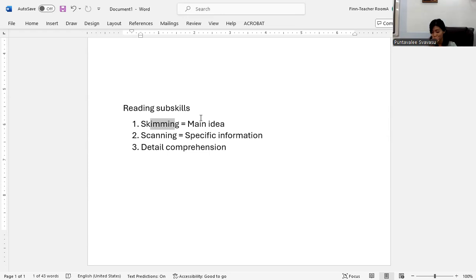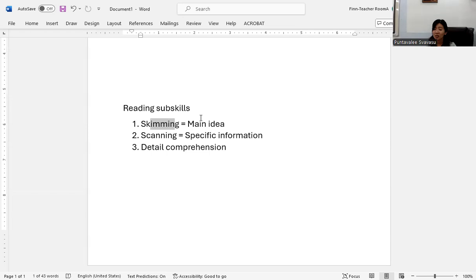But the test tries to trick you to answer the wrong one, of course. In order to do it correctly, you should do the detailed comprehension. You should read in detail, really understand the text and the questions, so that you get the correct answer.